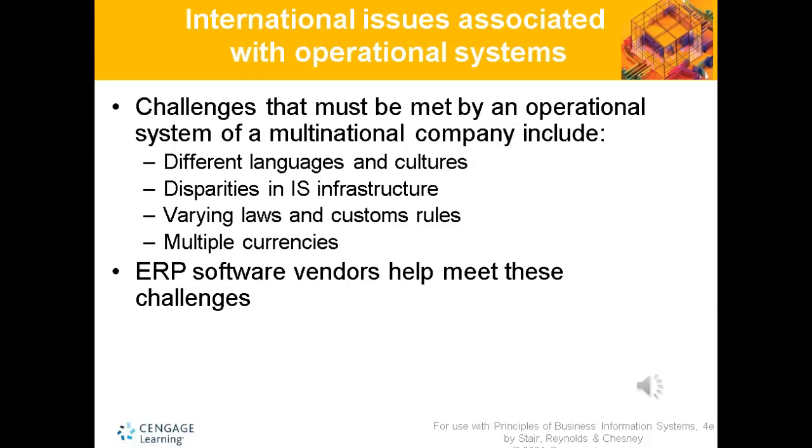And then your international issues now. This is obvious, right? When you have your operating systems, there'll be different languages and cultures. If your ERP system is in English and you go to, for example, China, they're not going to understand the ERP system. No businesses can use it. Different infrastructure and IT. Not a lot of people have big infrastructure such as information systems and computers.